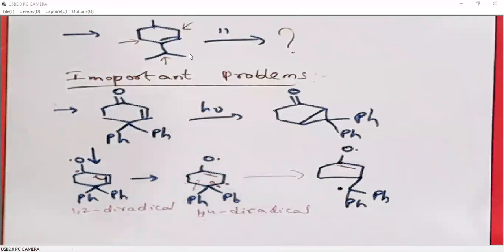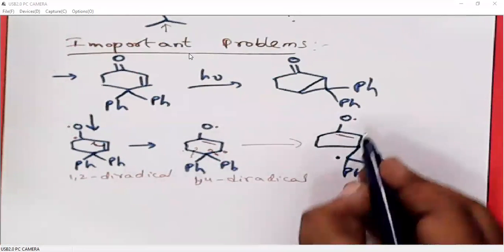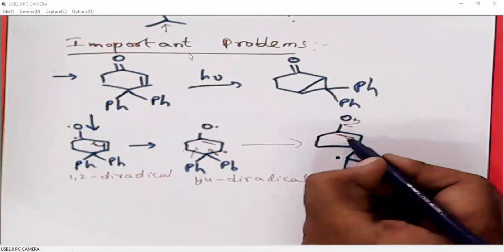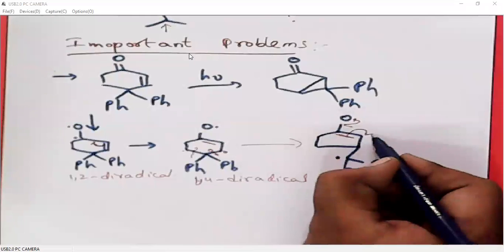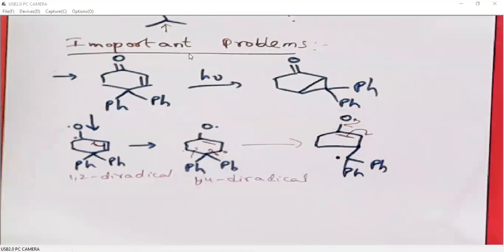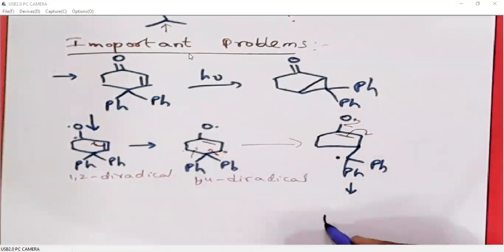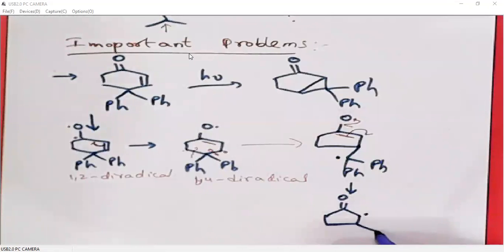Then in the final step, what will happen? This radical will come back again. So this double bond will break down. So one radical will be polarized towards carbonyl oxygen. Another radical will be polarized towards this carbon. So what we are getting here, we are converting this molecule into a 1,3 radical.